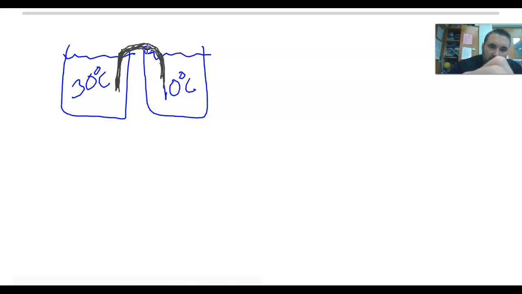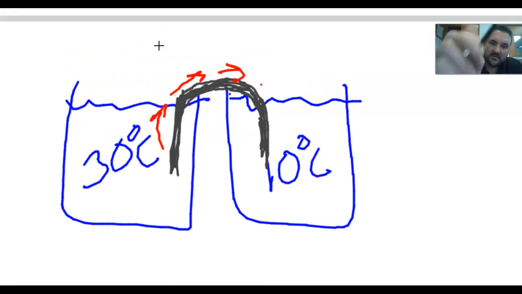So now the heat can flow through my metal bar as one particle hits and bounces into the next one, speeds that one up, speeds that one up. Eventually, it can travel all the way into this container.